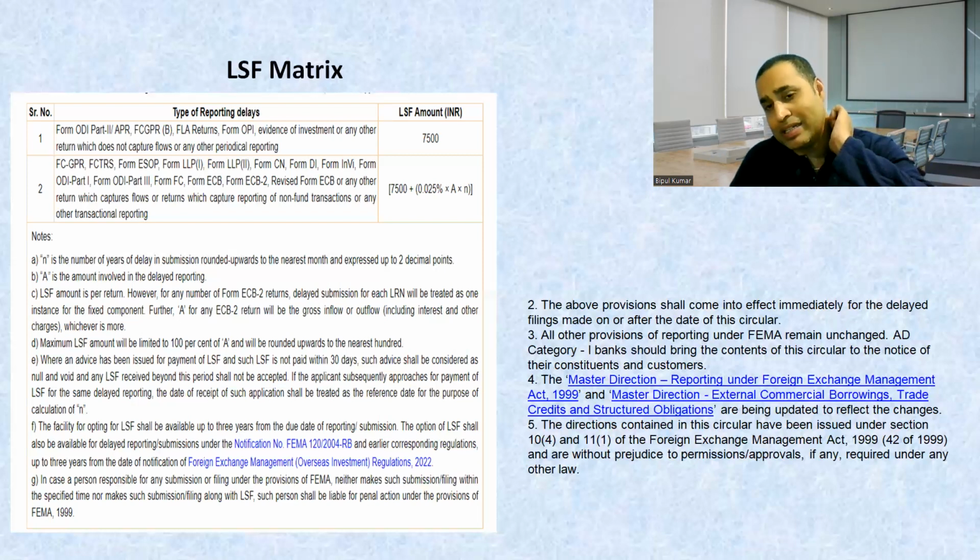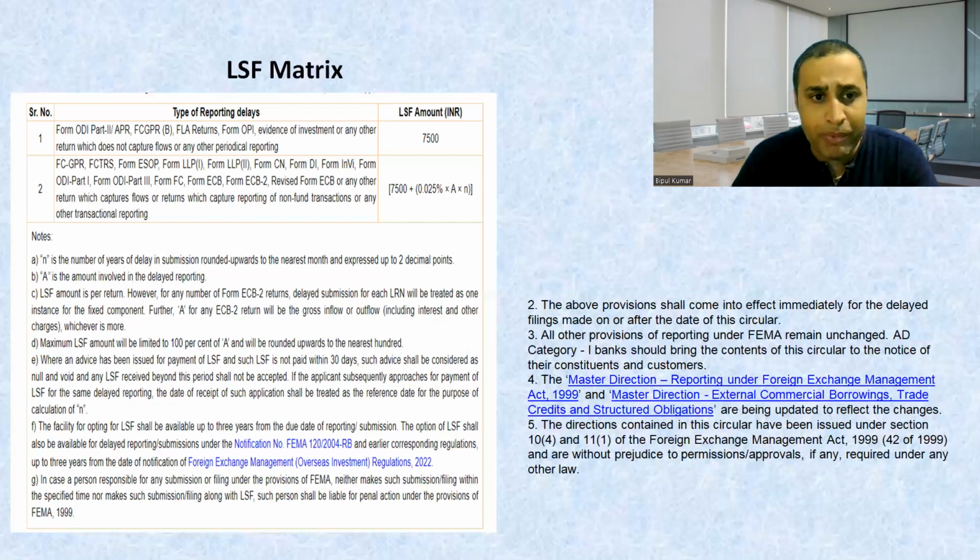This is per return default. However, for any number of Form ECB 2 returns, delayed submission of each Form LRN will be treated as one instance for the fixed component.